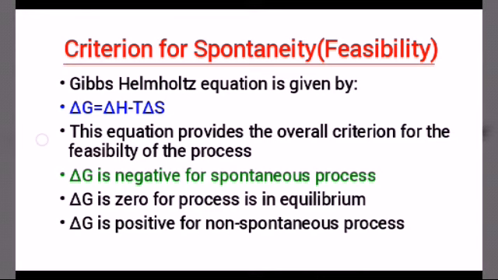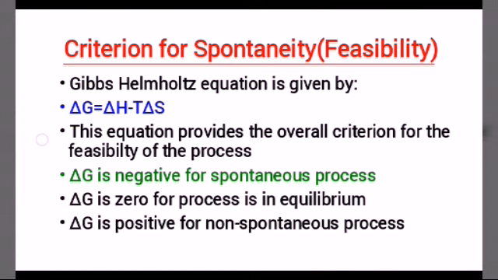And this phenomenon is also justifying that for a process to be spontaneous, delta H and T delta S should be favorable. Favorable means it should lead to the result by which delta G is negative.